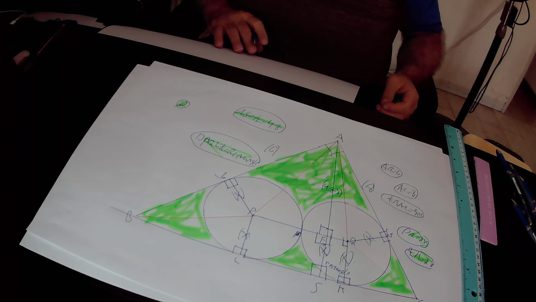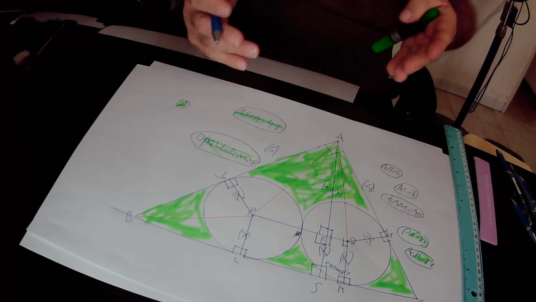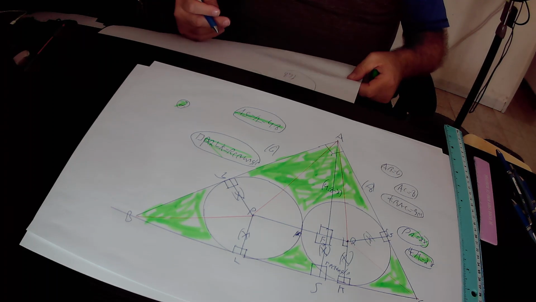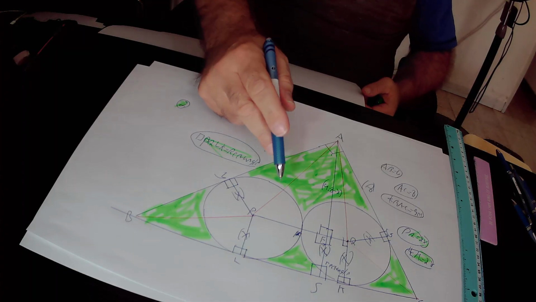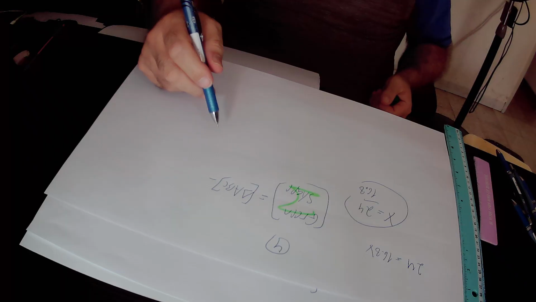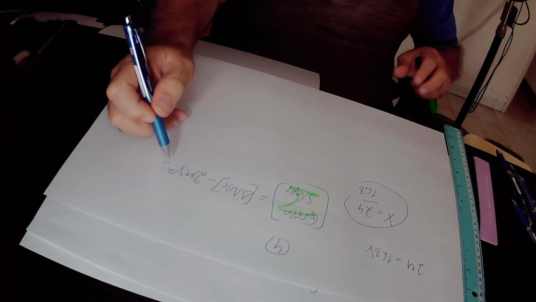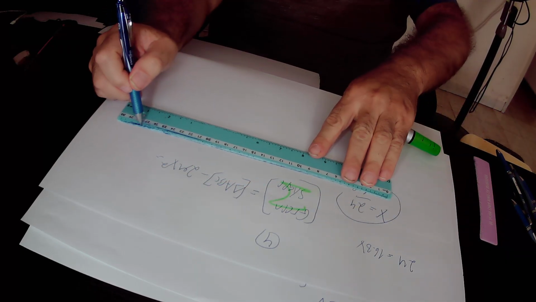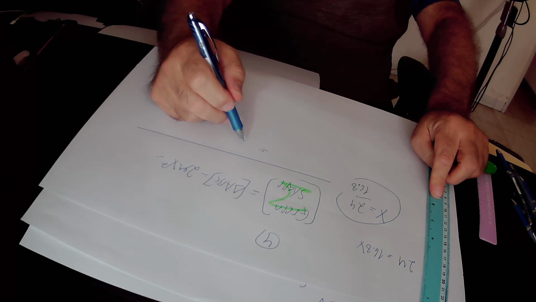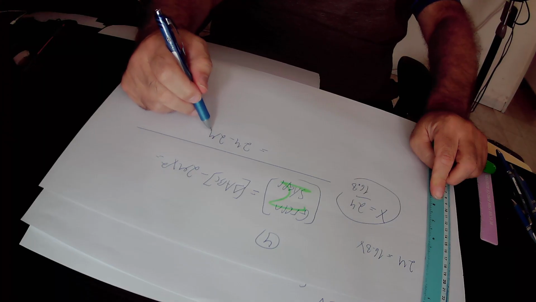The area of the two circles equals the area of one circle times 2 because they are identical. The area of one circle is pi x squared, so the area of the two circles is 2 pi x squared. So in total, the area equals the area of ABC, 24 square units, minus 2 times pi times x squared.